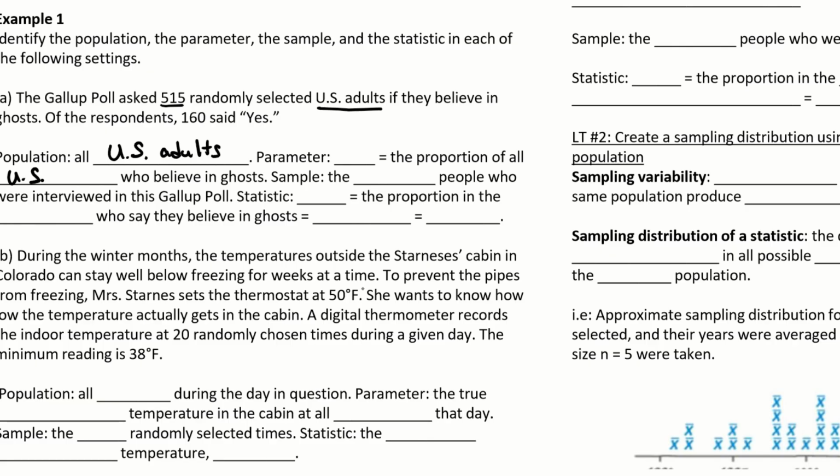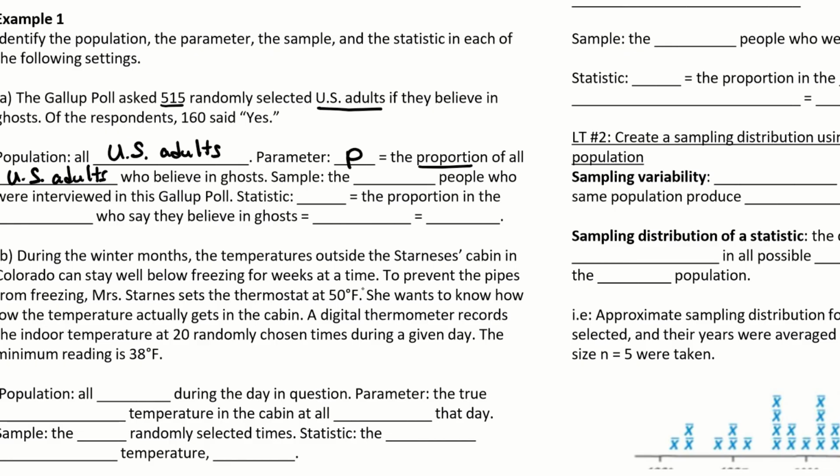Since we're dealing with the proportion, 160 out of 515, that's like a decimal, fraction, or percent. The symbol for the proportion for the parameter is either p or capital Pi.